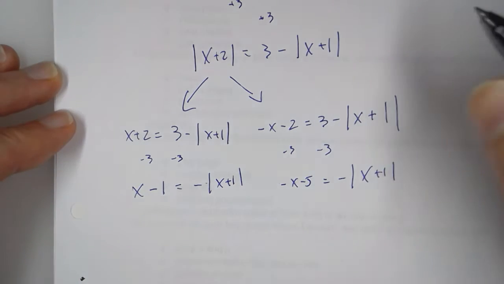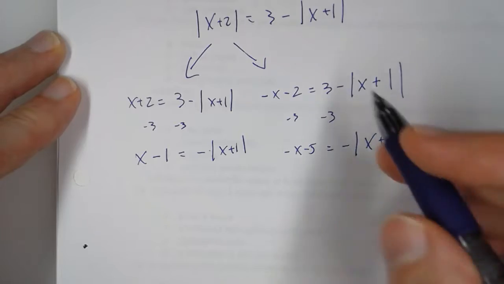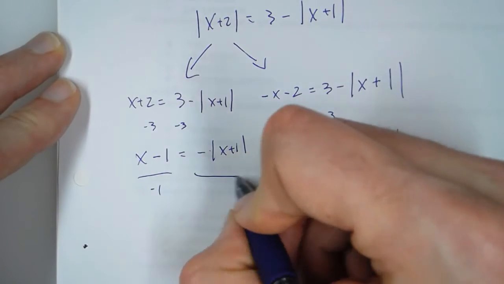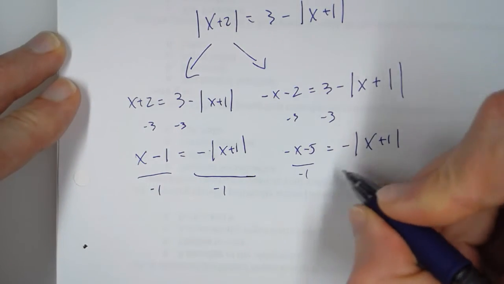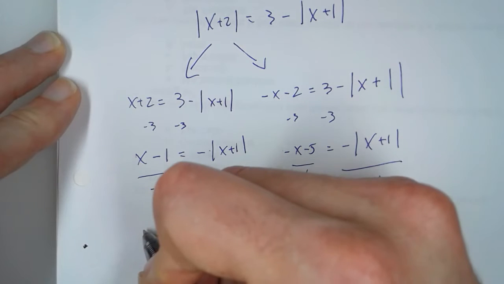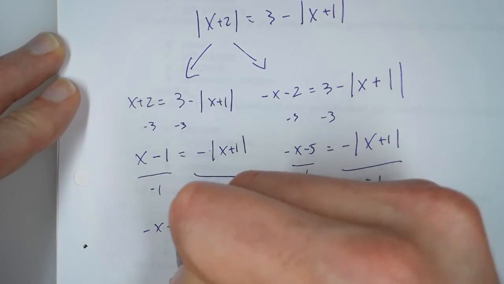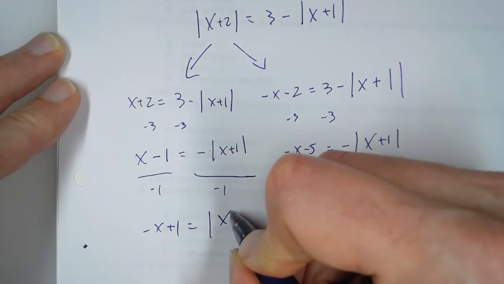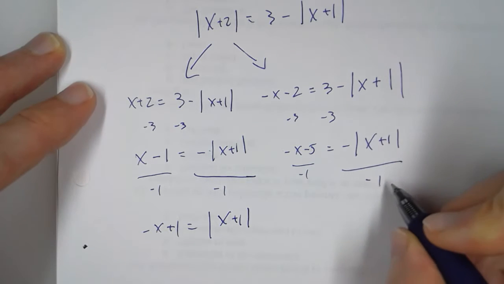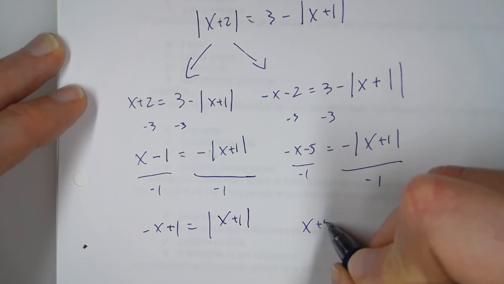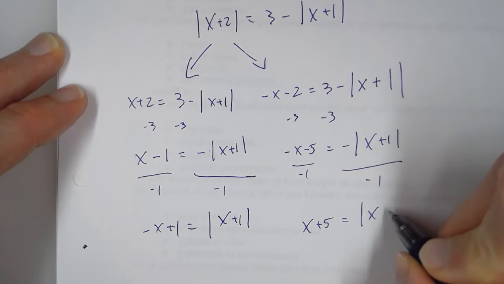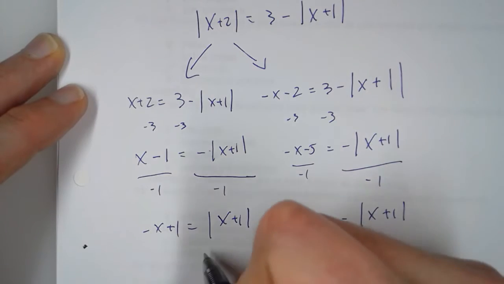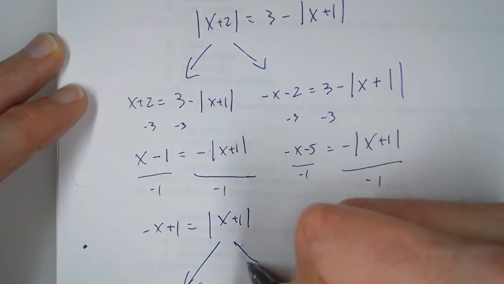Now I need to get rid of the negative, so I'm going to divide everything by negative 1. So I have negative x plus 1 equals absolute value of x plus 1, and then I have x plus 5 equals absolute value of x plus 1. Now we're going to split this into two equations.